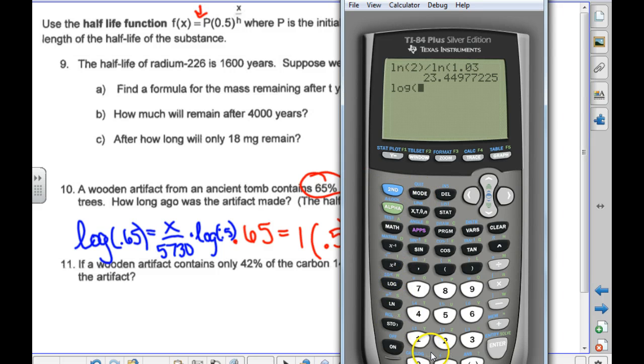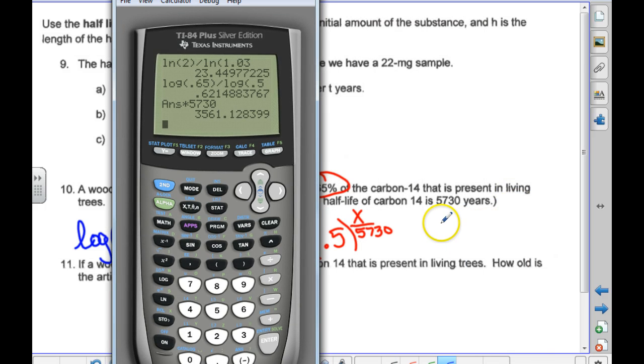The log of 0.65 divided by the log of 0.5. Make sure you close that parenthesis up top there. And that is equal to x over 5730. So what do I still need to do? Times it by 5,730. So I have about 3,561 years until that percentage is left.